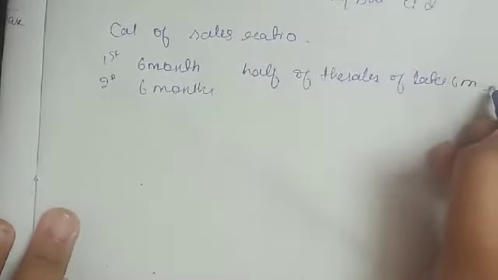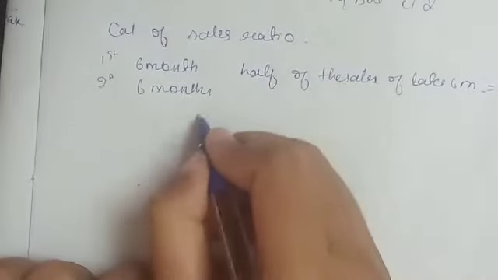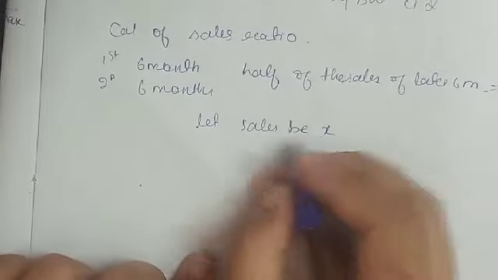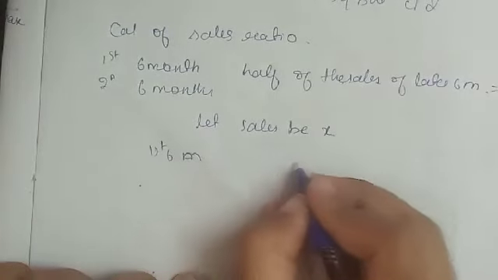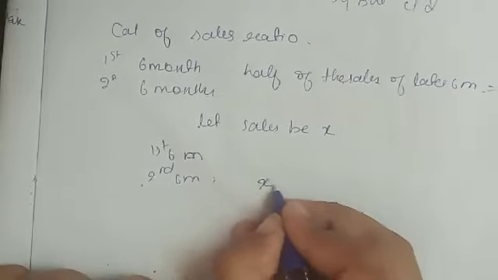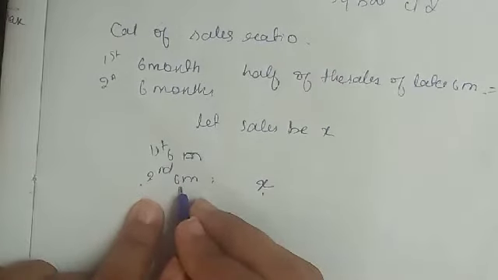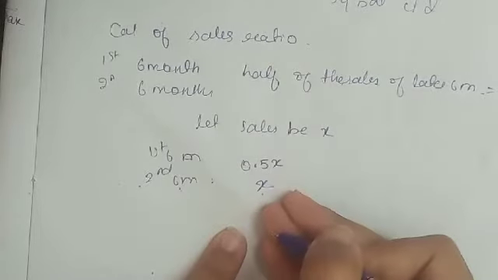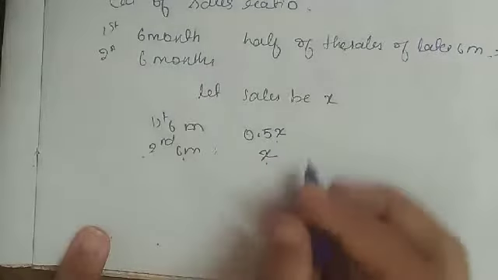But we don't know what that amount is. Suppose we keep, let sales be x. If x is the amount of sales per month for the last 6 months, then for the first 6 months it was half of that. So we are writing it as 0.5x. I hope you understood this point.